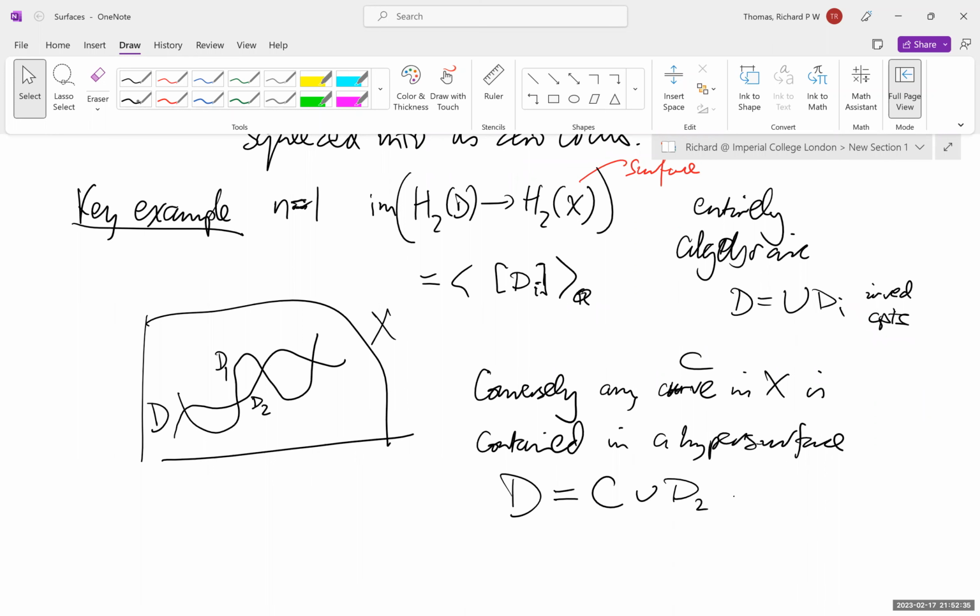In higher dimensions, you should think of D as being irreducible, but nonetheless containing more of the middle dimensional homology of X. So in surfaces, reducible is the key issue. In higher dimensions, it's nodal that's the key issue. That's what forces it to contain more homology. Okay, thanks. Yeah, that's great.